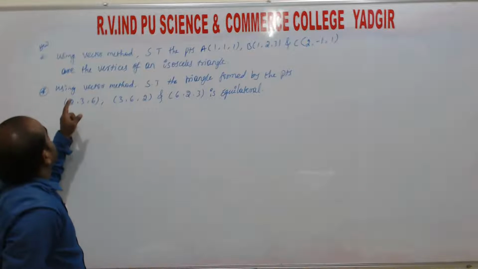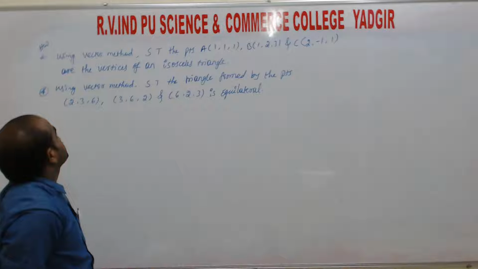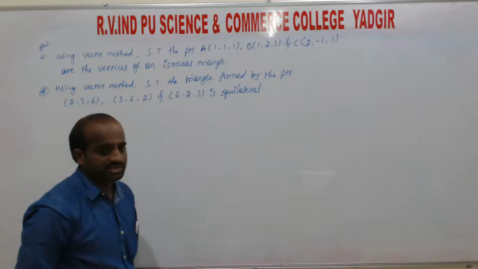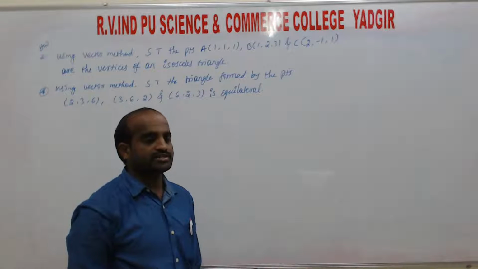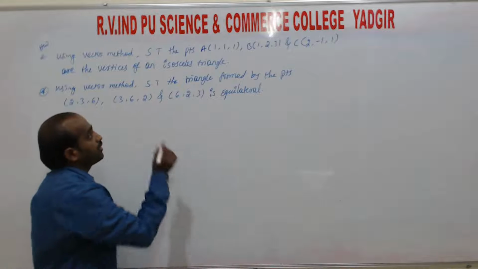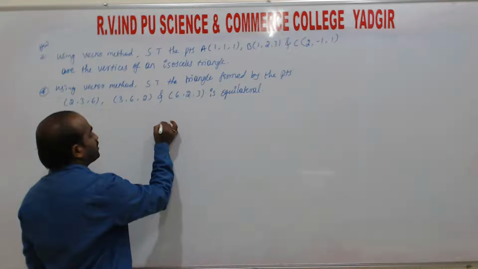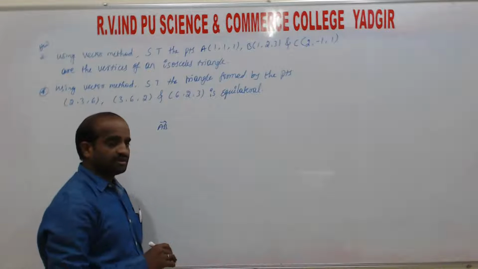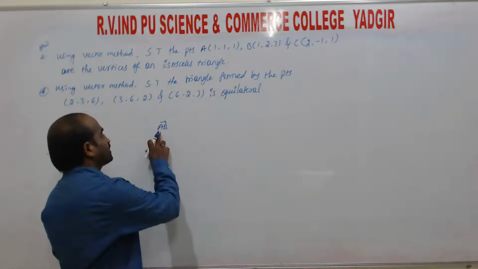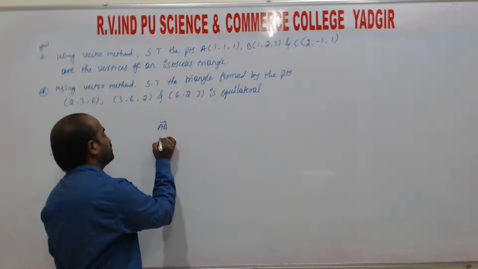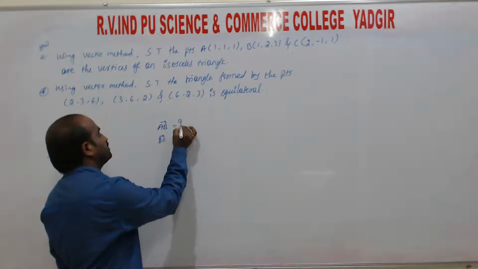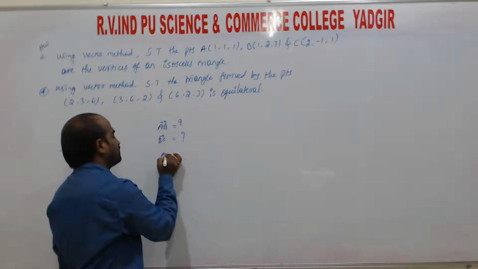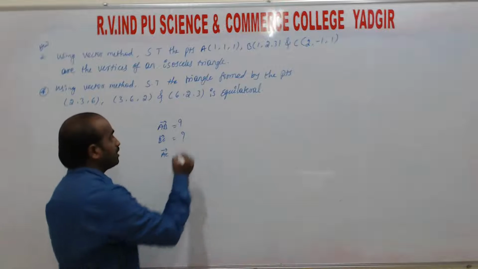First one: show that the points are the vertices of an isosceles triangle, having two sides equal. We have to find the magnitude of AB, BC and AC. First find the vectors joining the two points, AB, BC, AC. After that the magnitudes.